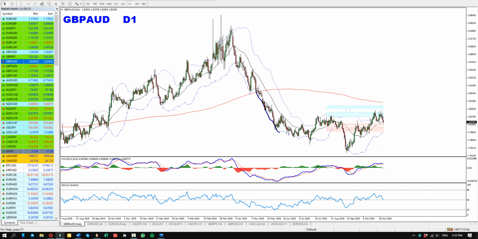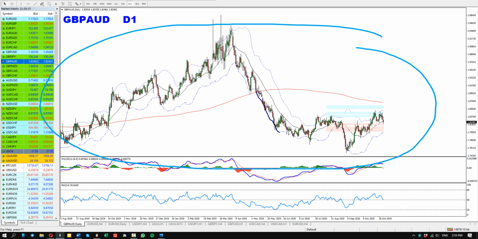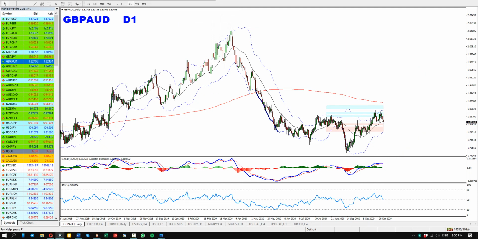Can you say you have a clear picture over the last one year? The answer is not really. It was going up, then it's going down. But the bottom line is, since almost the beginning of this year, the price is going down, and pretty significantly. So this is the very first thing.